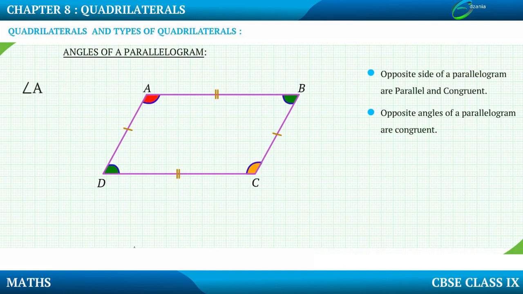That is, angle A is congruent to angle C and angle B is congruent to angle D. Example, if angle A is 120 degrees, angle C also has to be 120 degrees. Similarly, if angle B is equal to 60 degrees, angle D is also equal to 60 degrees.